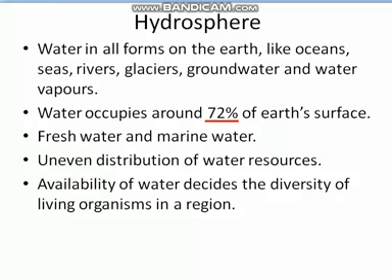So this is what we mean by hydrosphere. This was a brief introduction. The hydrosphere is simply the water in all forms on the earth, be it solid, liquid or gaseous, and it occupies more than 72% of Earth's surface.